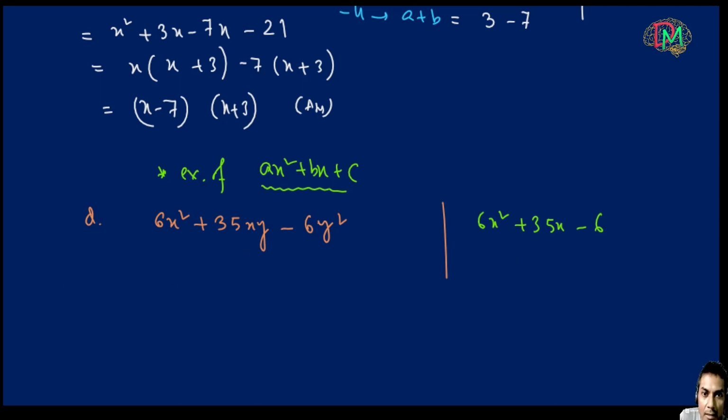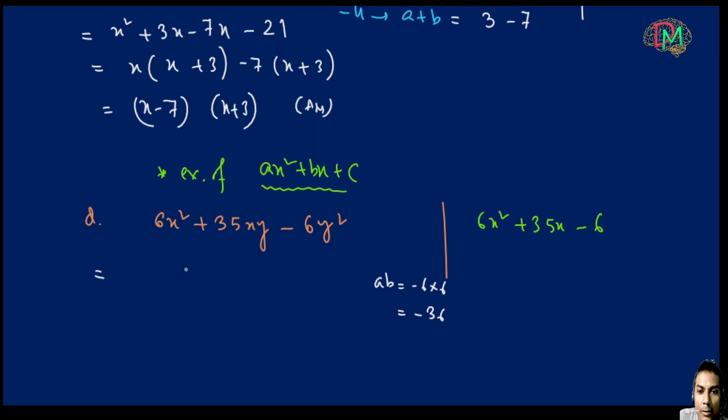How can you do that? Here also we apply splitting the middle term. Look at this. Here the ab term is minus 6 into 6, the coefficient of this part and the coefficient of this part, so it will be minus 36.